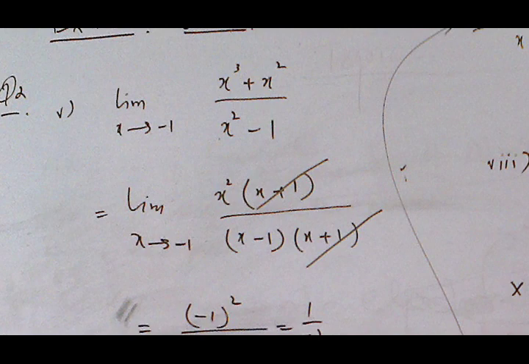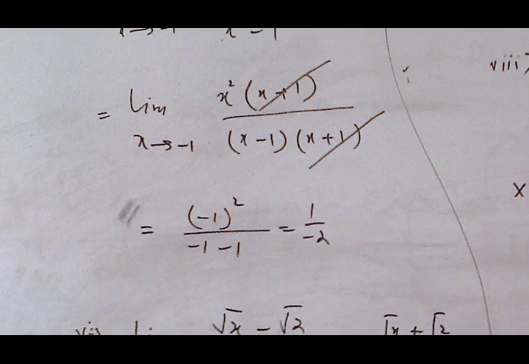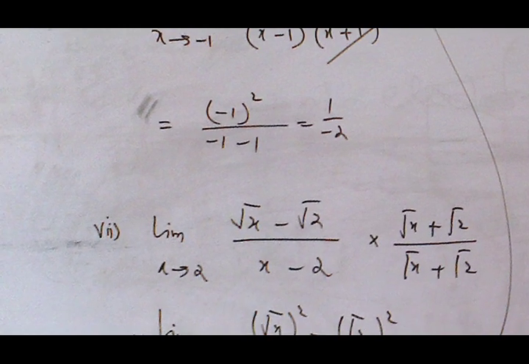From the numerator we take x square common, and in the denominator we factorize a square minus b square is equal to a minus b and a plus b. Then we put the values and we get the result.